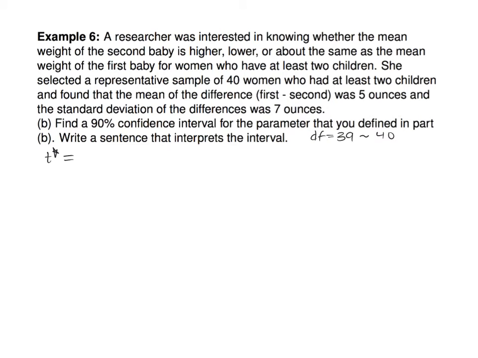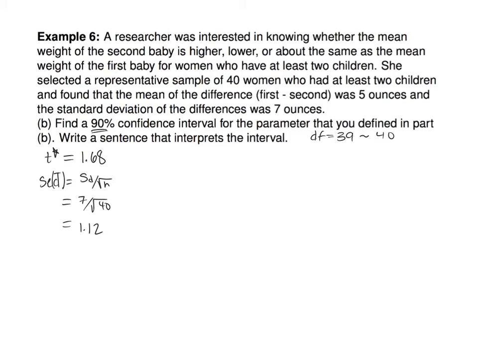So the T star that we find for 90% confidence is 1.68. The standard error of d bar is S sub d over square root n, so that's 7 over square root of 40, which is about 1.12.